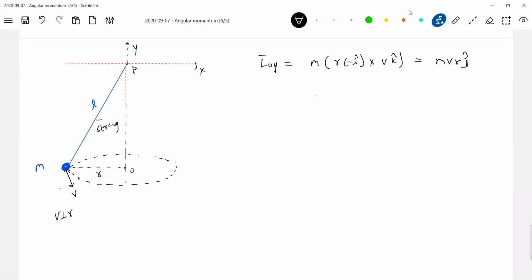And now I want about an axis passing through point P. So L P, don't say any axis here, just about an axis passing through point P. And what is the basic formula? This is making an angle theta.